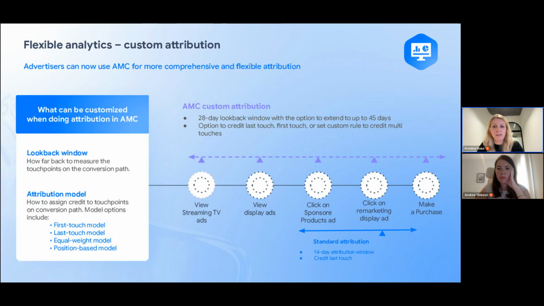For example, we might want to see what happens when we attribute credit to the first ad a user saw, to the last one, or to all of them equally. This helps tailor the measurement and attribution to our business goals and understand which interactions matter the most.